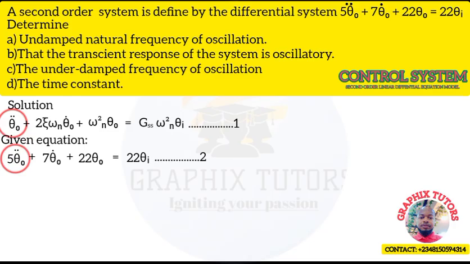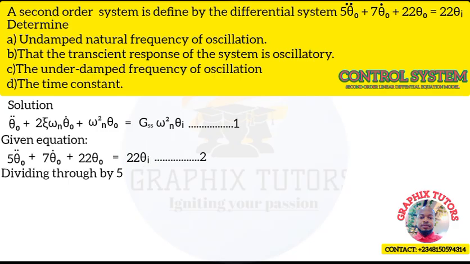How will you do that? It is by dividing through by 5. So if I divide through by 5, I will say that 5 theta sub o with double dot divided by 5 plus 7 theta sub o with single dot divided by 5 plus 22 theta sub o divided by 5 equals 22 theta sub i divided by 5.